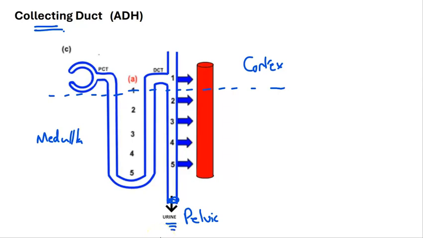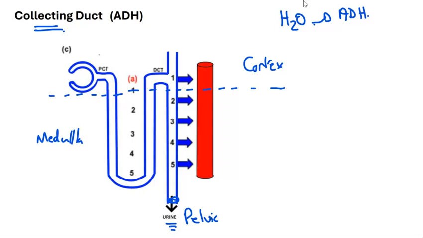And so we're in the final stages of the alteration and modulation of the filtrate to finally form urine. And this is in response to the water content of our blood. And the regulation here comes around the work of the hypothalamus and the pituitary and the secretion of a hormone called ADH, antidiuretic hormone.